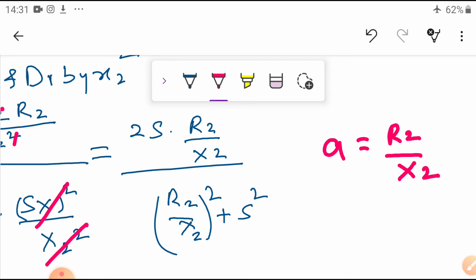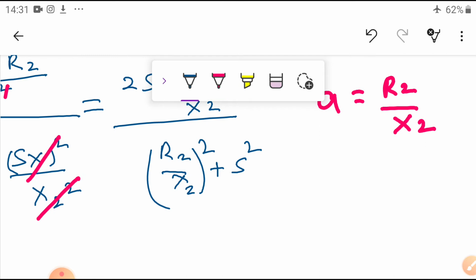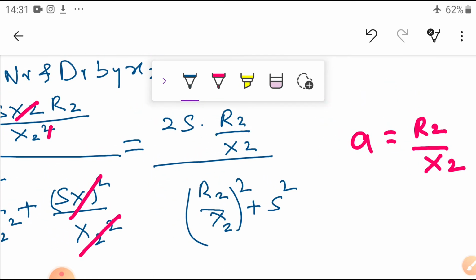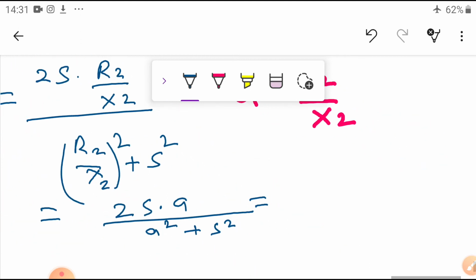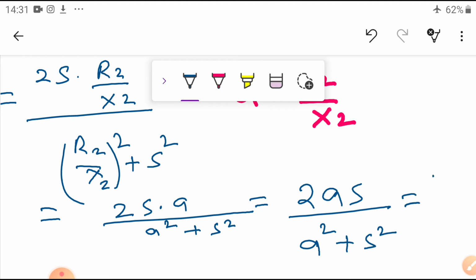So, this equation I am going to get finally: 2as by A square plus S square, that is equal to T by T max.